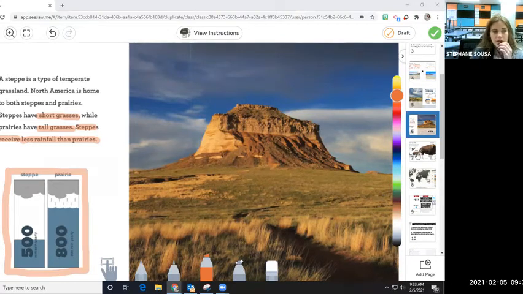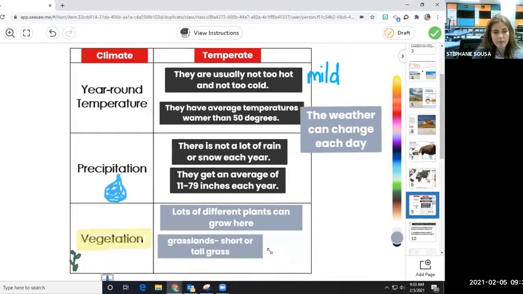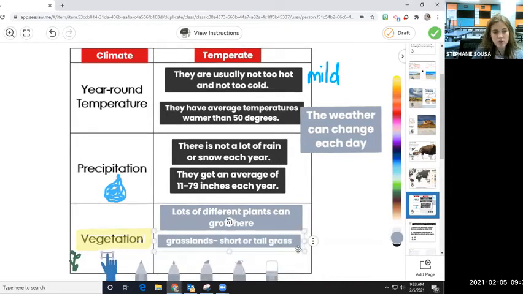Okay. Now that we've highlighted that information, let's go add it into the chart. So I'm going to add on to grasslands, and I'm going to put that there can be short or tall grass. So I've just added more. In those grasslands, there can be short or tall grass, and I'll change that color so it sticks out as the one we just did. Okay. So grasslands can have short or tall grass. There's different types.